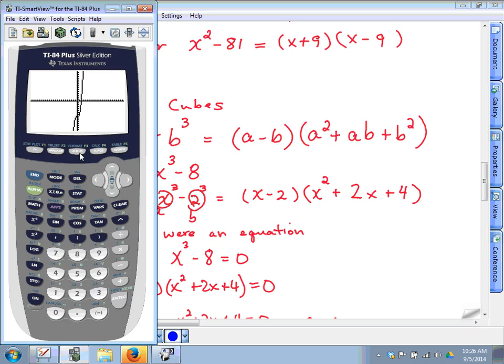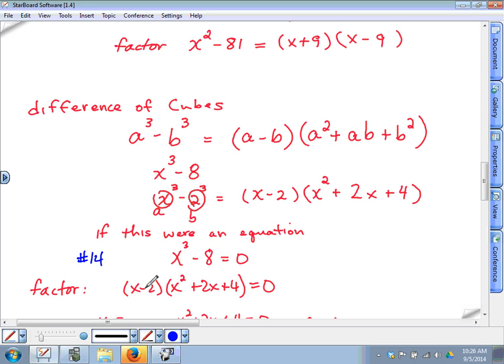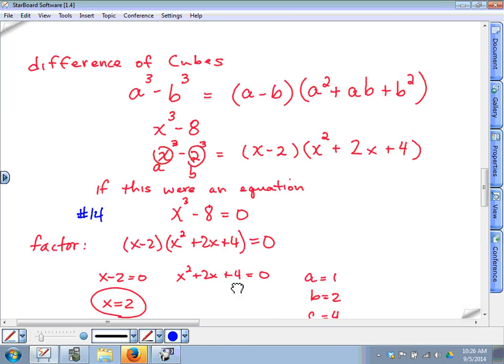Let me put it back up. On the graph, didn't it cross right through 2? Yeah. And that's where it comes from right here, this x minus 2. Unfortunately, though, this x squared plus 2x plus 4 has got to be solved with the quadratic formula. So if you set each factor equal to 0, this is where the x equals 2 solution comes from.